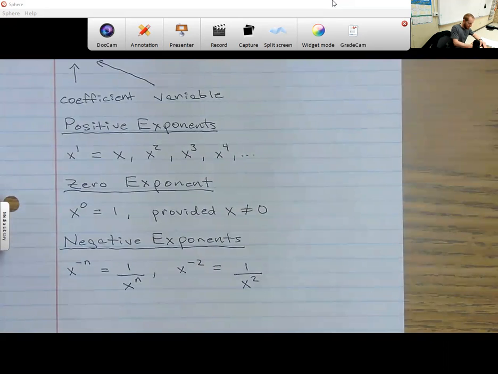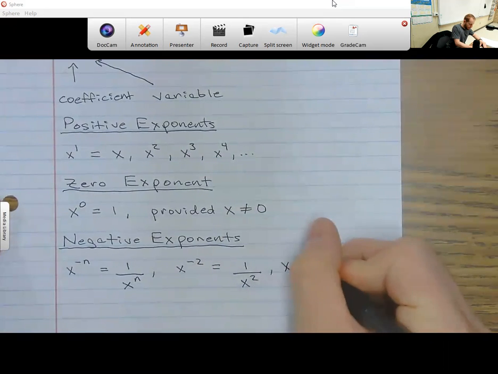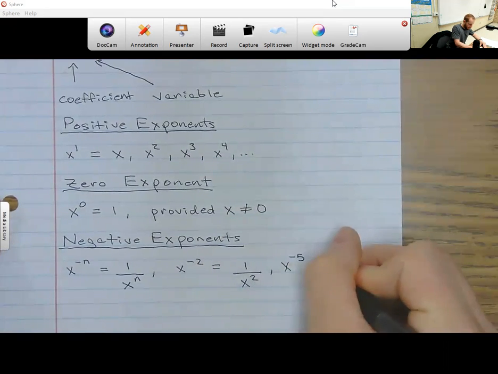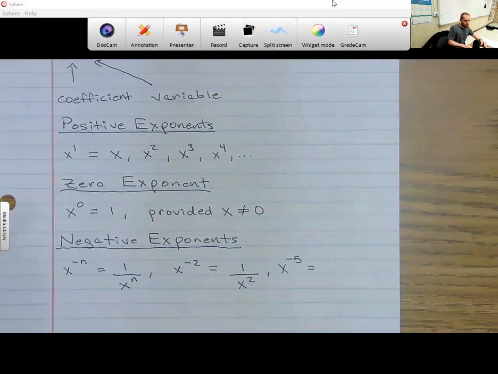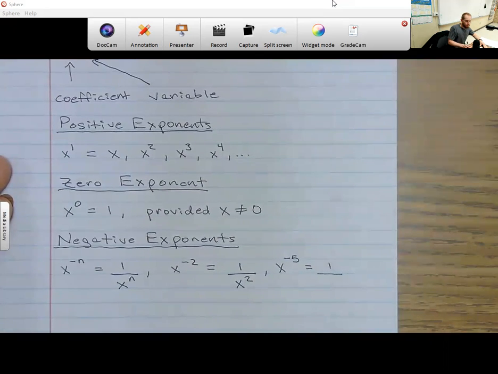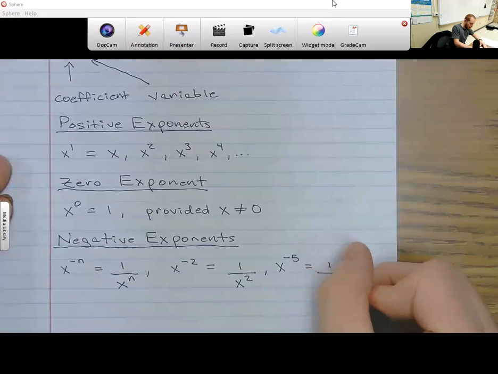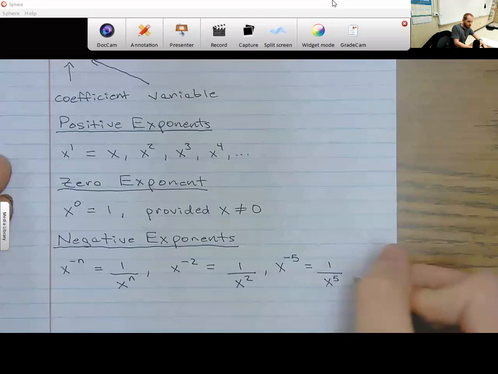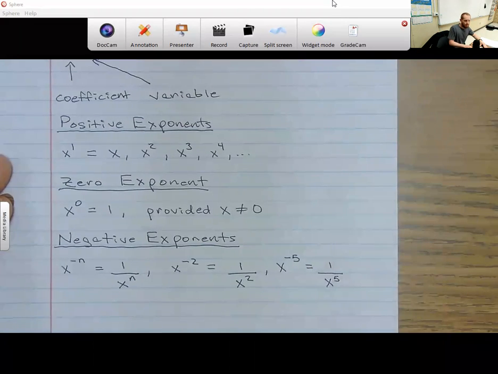And another one like that, let's do x to the negative 5. If I have x raised to the negative 5 power, I'm going to write that with a 1 on top, and I'm always going to have the positive number on the bottom. So that's going to be x to the 5th. Okay? So those are negative exponents.